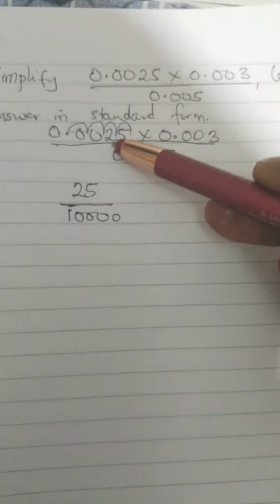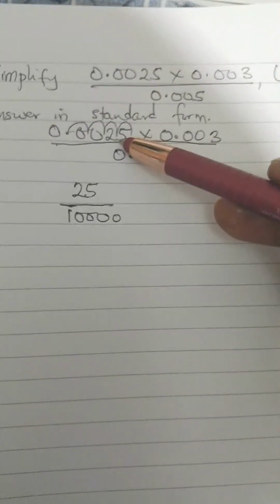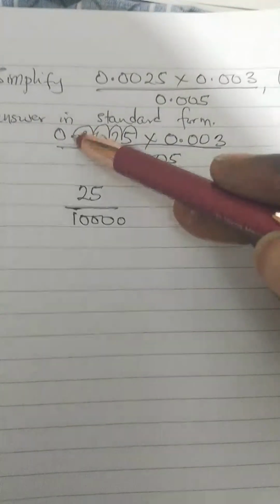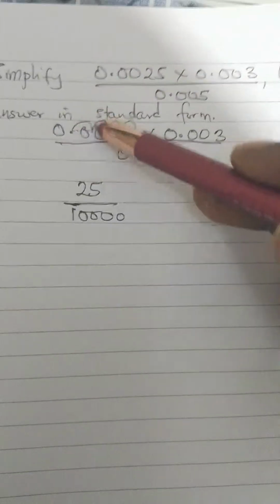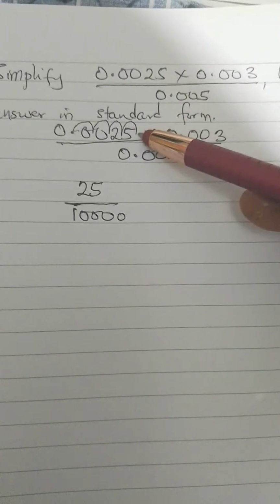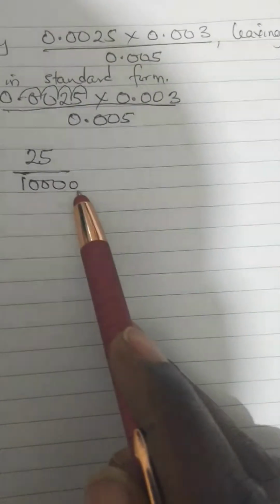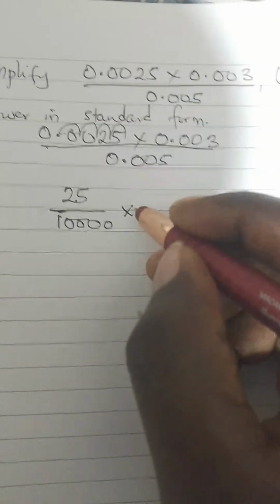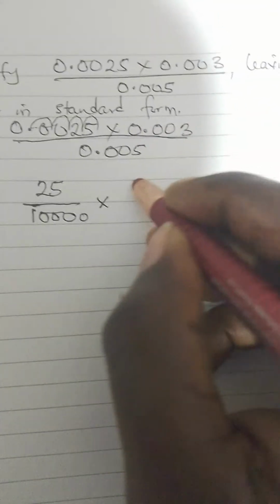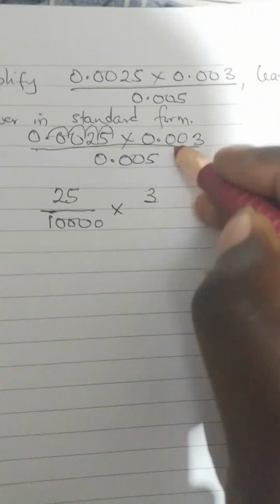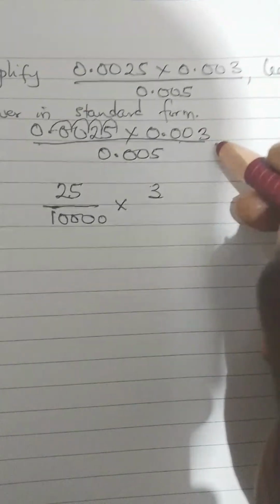That is how you change decimals to fraction. So the natural number you have there is 25. To get 25, where the decimal point is, you shift it 1, 2, 3, 4. So you divide by what? 1 and 4 zeros. Then times, you have this 3. The natural number here is 3, so you shift 1, 2, 3.